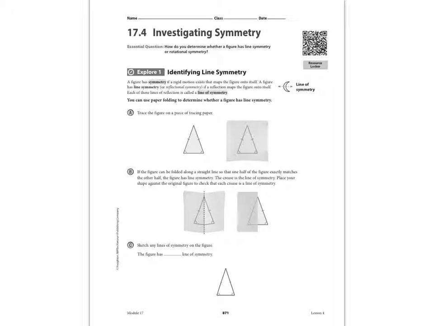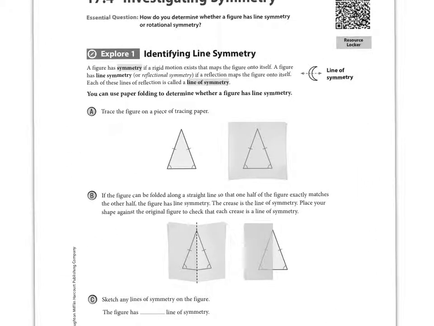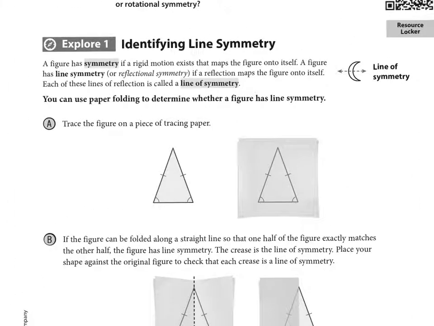Our first one is called line symmetry, also called reflectional symmetry. If we can draw a line through a shape, and the example that you see below here actually has one line of symmetry just going down the middle, we call that a line of symmetry.